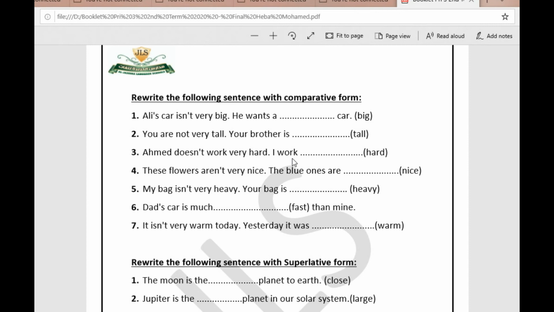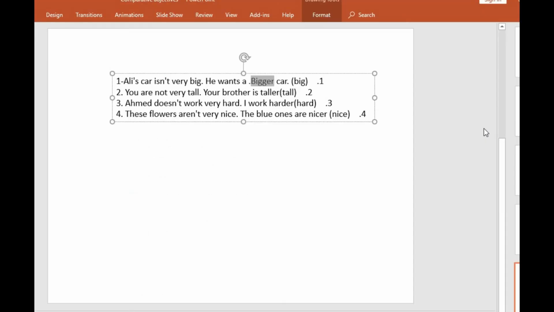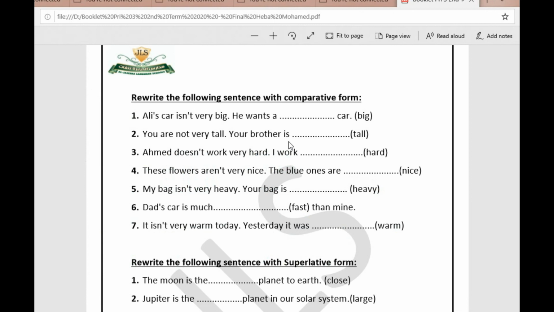Your brother is space tall. You can answer, yes, we are going just to put ER. So it would be your brother is taller.